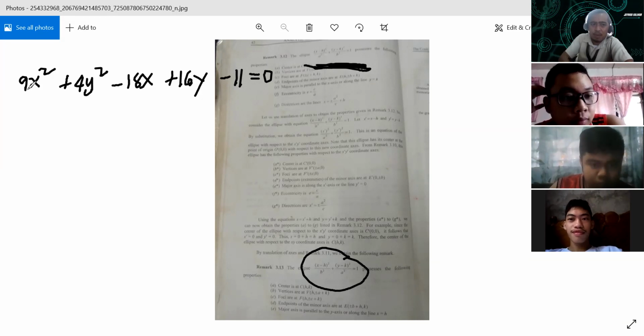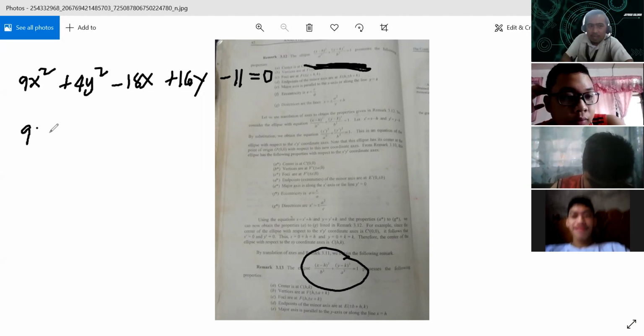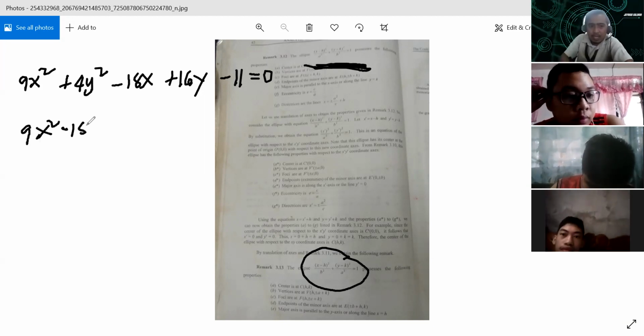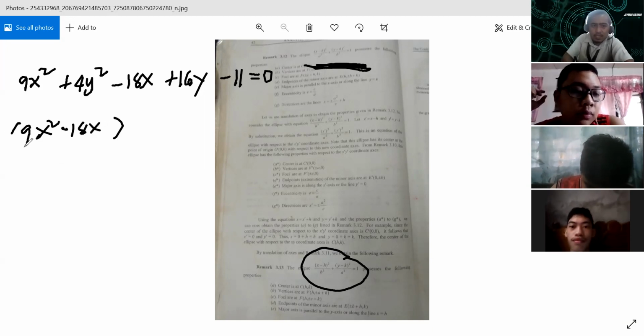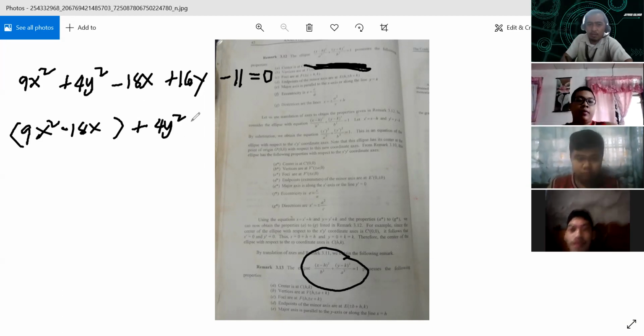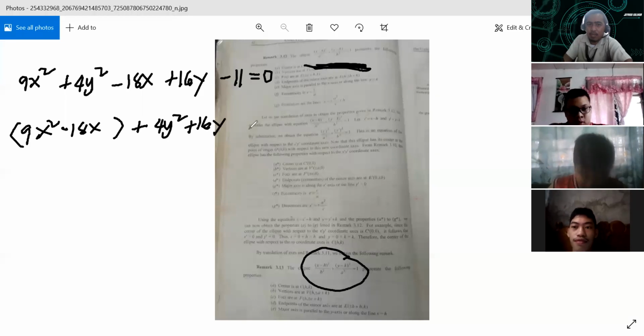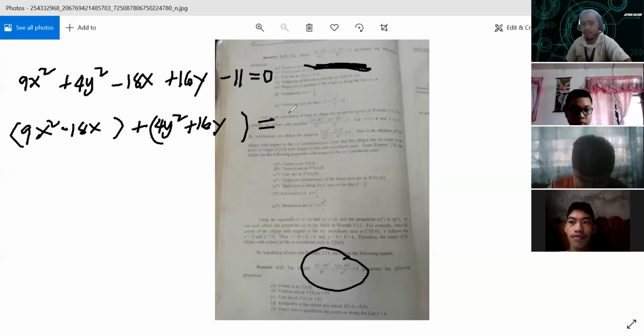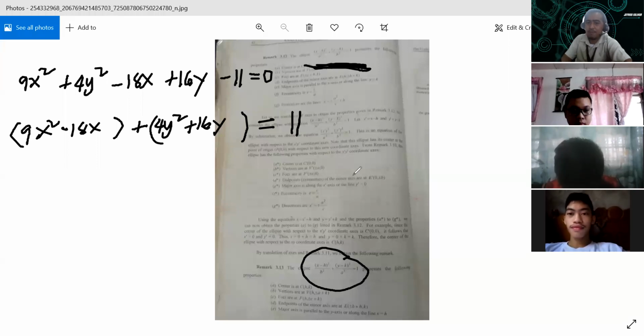So you have now 9x squared minus 18x. The other group will be for the y's. So you have 4y squared plus 16y. And the constant should be transferred to the right side. So that negative 11 becomes positive 11. Is it clear, class?